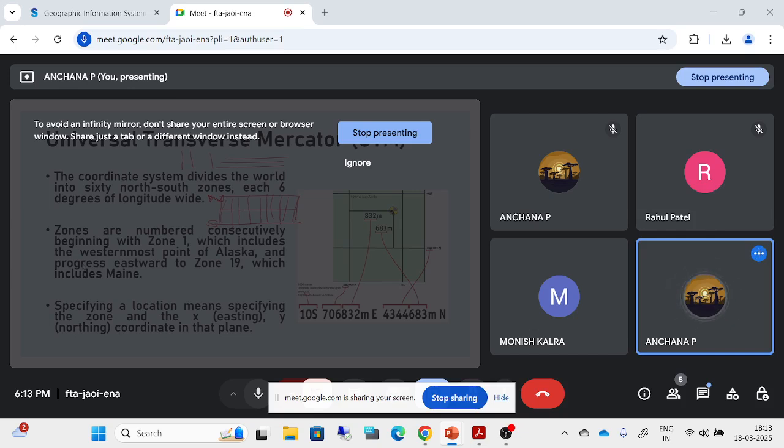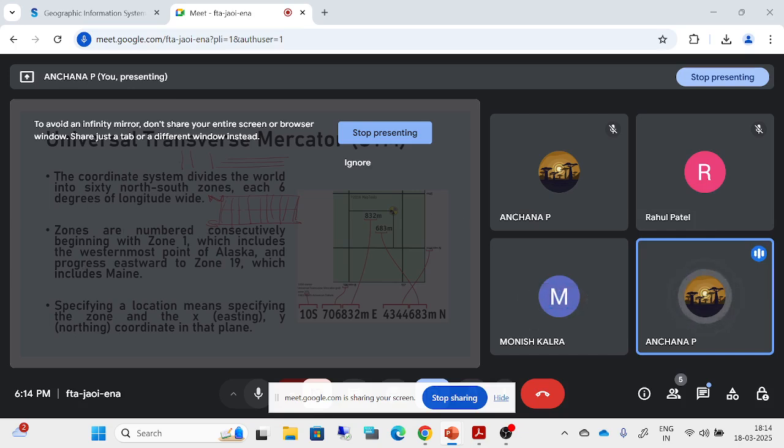X basically talks about the easting, and not the latitude. The easting tells you about the longitude, and the northing, the y coordinate, tells you about the latitude. Here you have a representation.